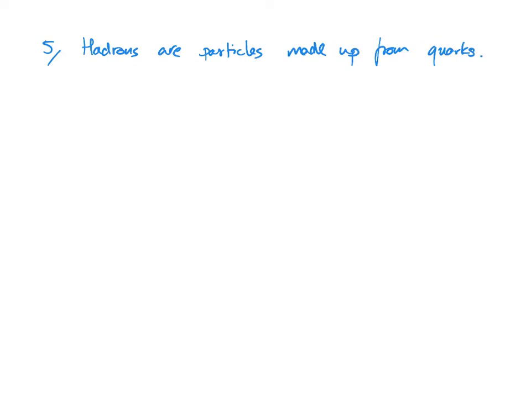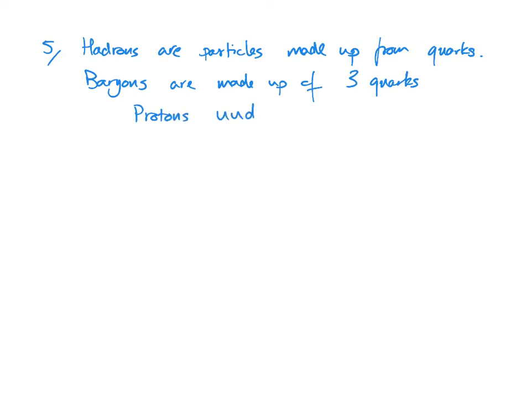And there are 2 types of hadrons. So you get a lot of new language here you've got to learn definitions for. Baryons are made up of 3 quarks. And the 2 examples I would expect you to know are protons, which are up, up, down quarks, and neutrons, which are up, down, down.